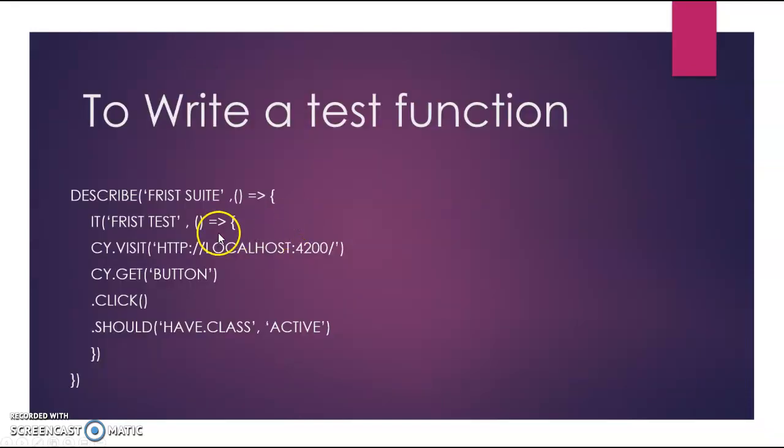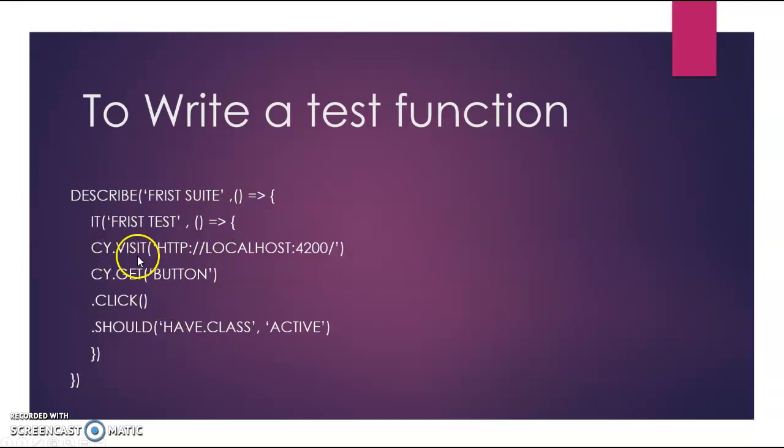So, how to write a test function. This is just one simple example. We use describe for organizing our tests. Inside describe, we can put all our tests. The test starts with it, and we put the name of the test. For example, here we have the first test, and the function. Inside the function, we put all the commands.